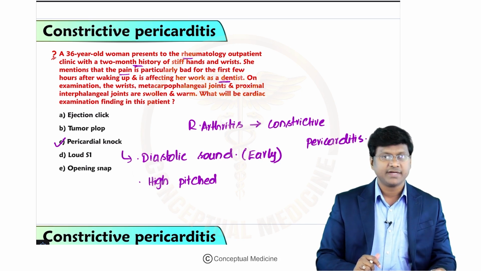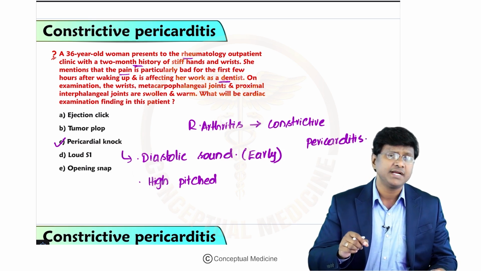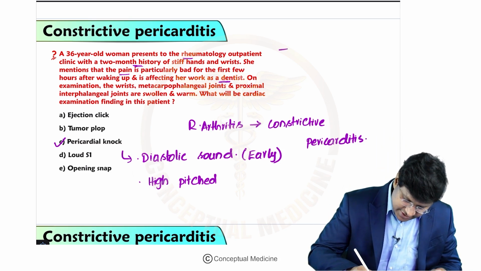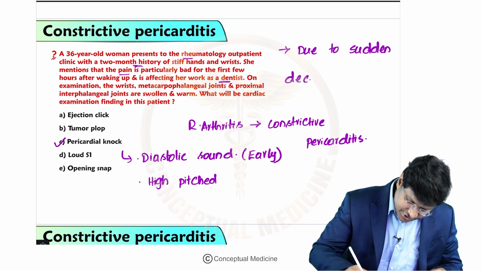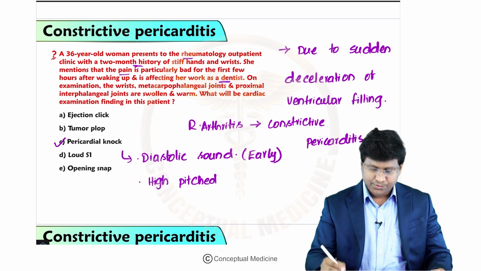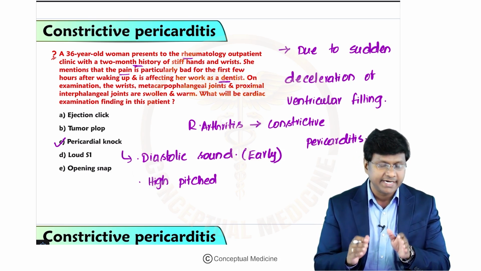What is the pathophysiology behind the presence of this pericardial knock? This pericardial knock is produced due to sudden deceleration of ventricular filling because of the restrictive effect of the adherent pericardium.